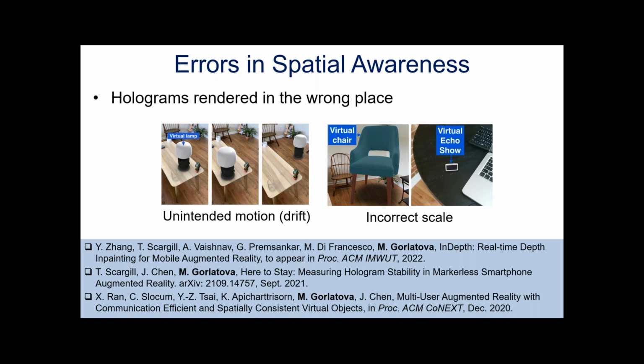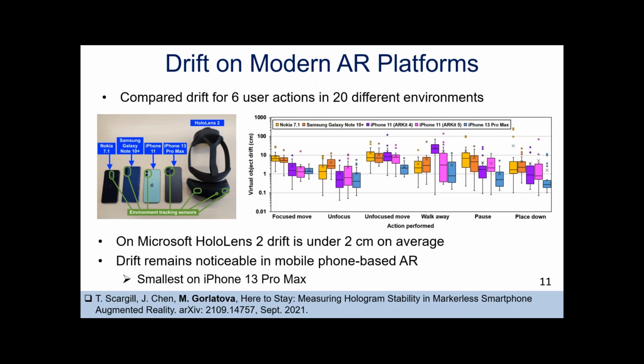So we've quantified these artifacts over several recent lines of work. I'm happy to give you some data on these if you're interested. I just wanted to show you an example of what we quantified for drift, where we looked very closely at the level of drift that is encountered on modern platforms, headsets, as well as mobile phones, under different conditions, in different environments, and for different user actions.